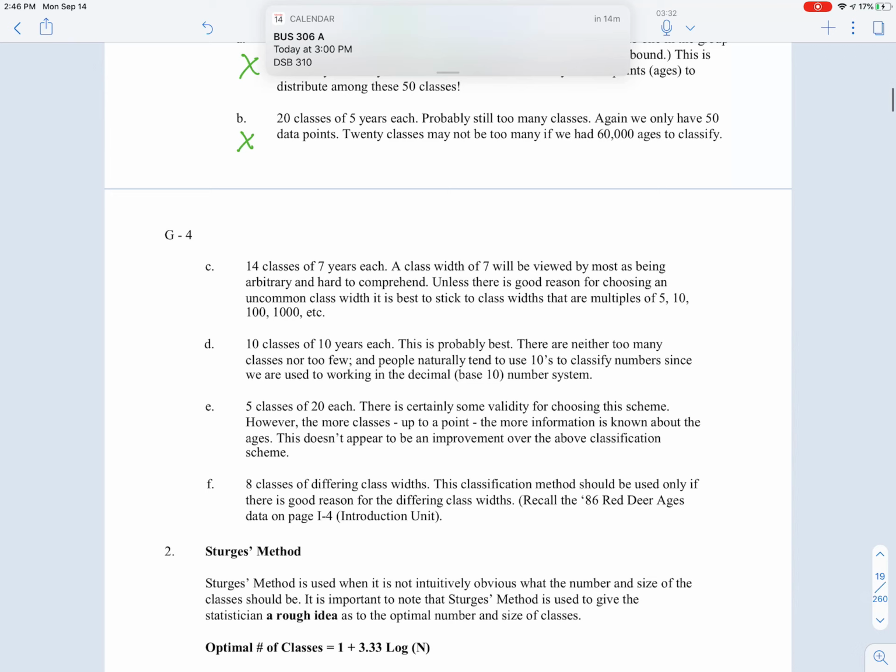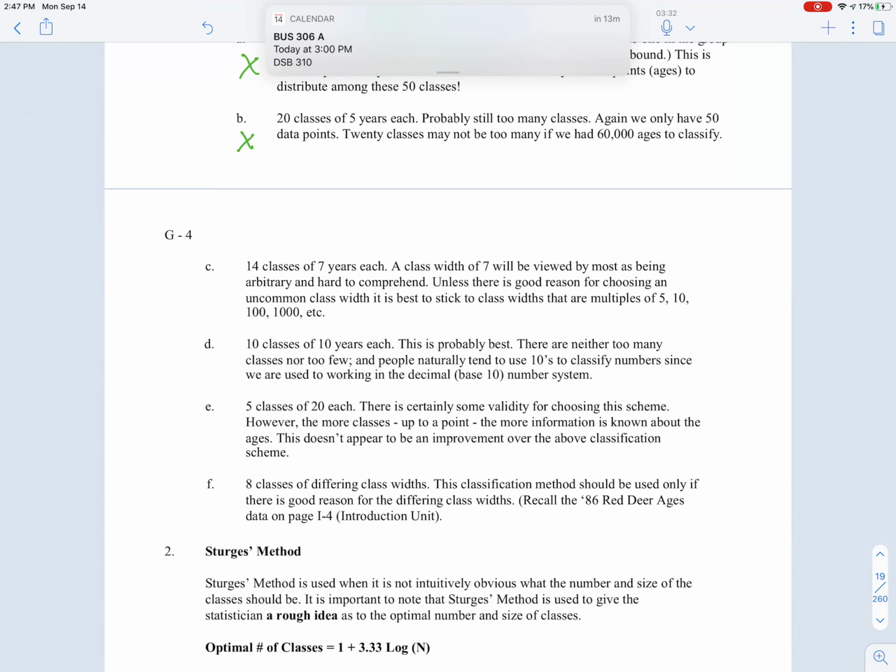Now, when we take a look at C here, this is 14 classes of 7 years each. And so you'd have 0 to 6 and 7 to 13 and 14 to 20 and so on like that. The problem with that is that you've got a lesser number of classes, which is good, but people don't tend to think in terms of sevens, right?